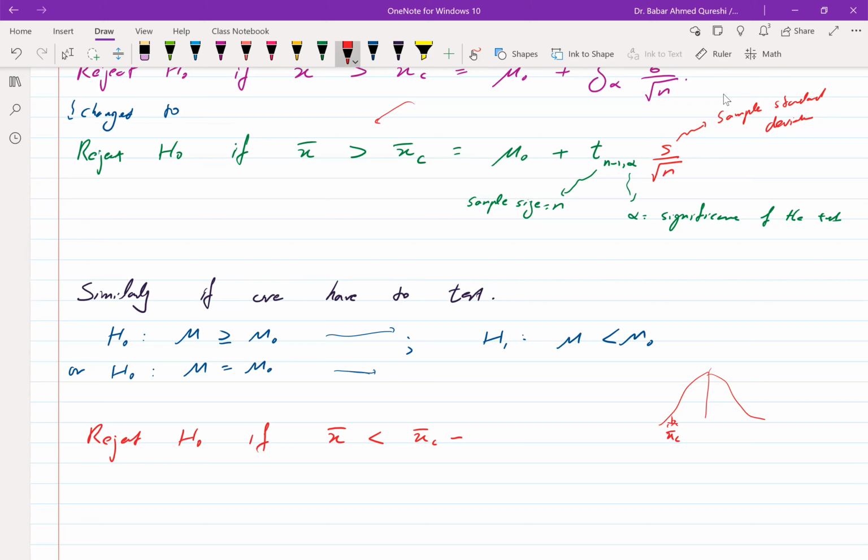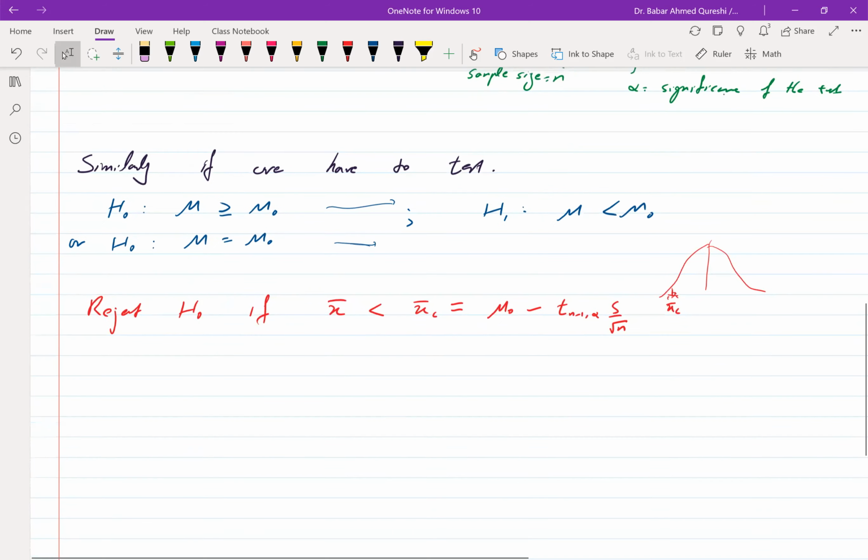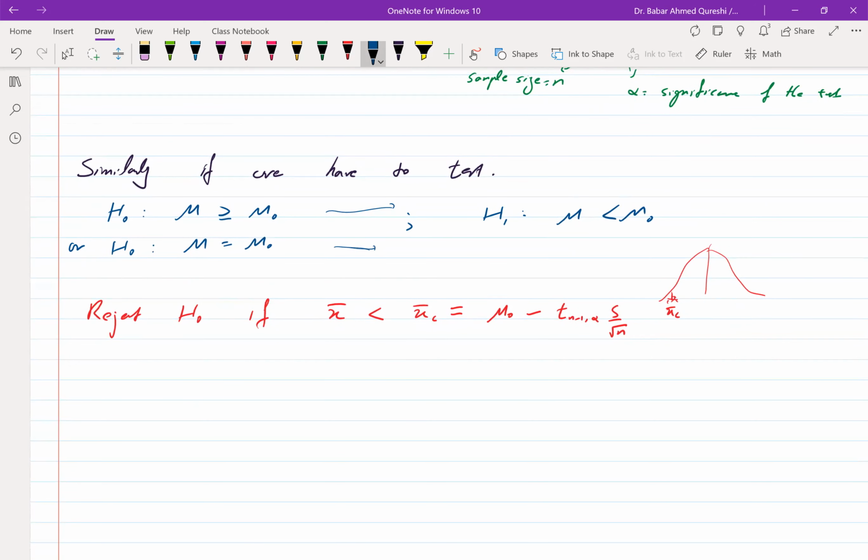If you are less than this, where this is given by your assumed mean minus this number. So I was able to write it because the t-distribution is also symmetric.